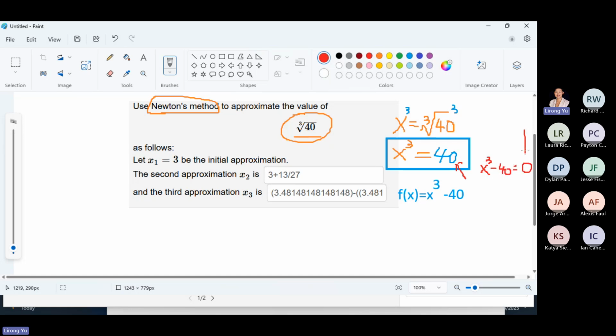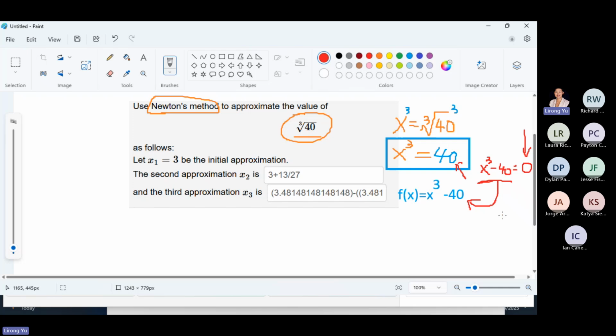Once the other side of the equation is 0, then the left side of the equation will be your function. This is how we figure out the right function to work with, especially for this kind of question. In the question itself, there's no function, there's no equation. So we create an equation, and then create our function to work with using Newton's method.